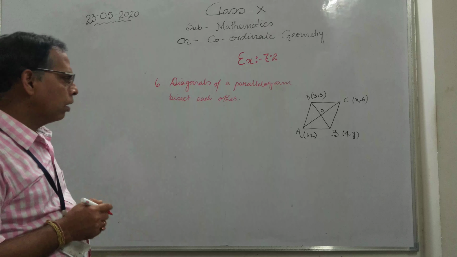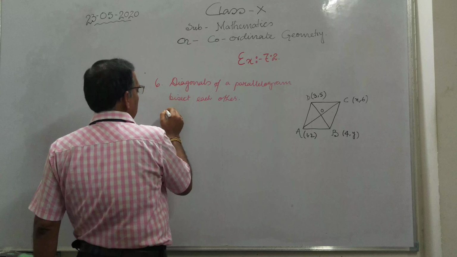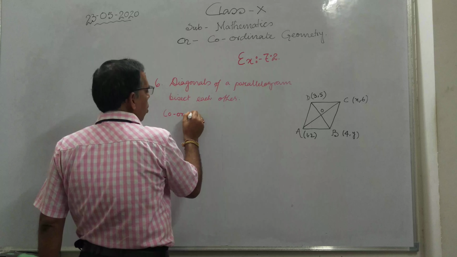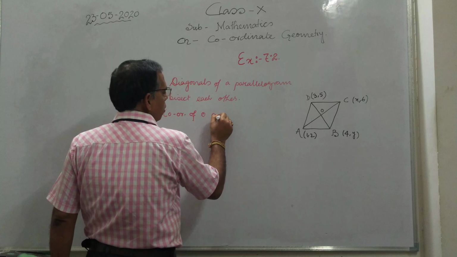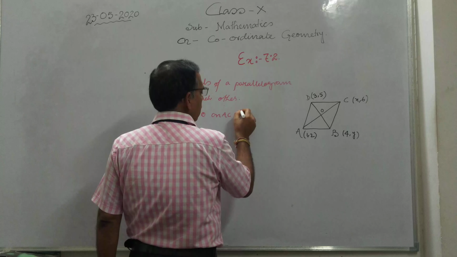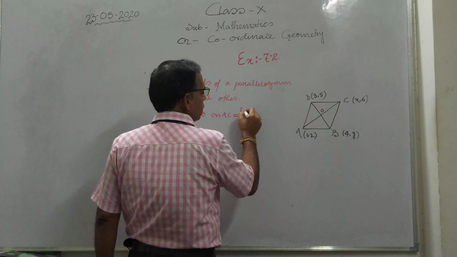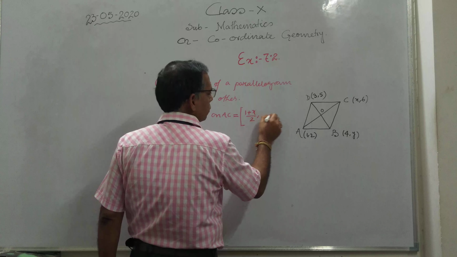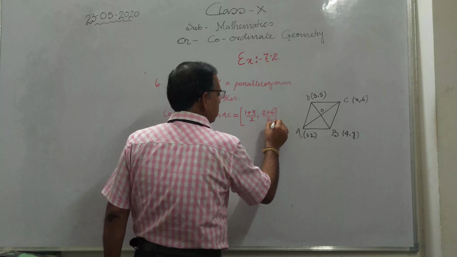Now, find the coordinate of O from A and C. Coordinate of O on AC, what is that? It is the midpoint. So it is 1 plus x divided by 2, 2 plus 6 divided by 2.